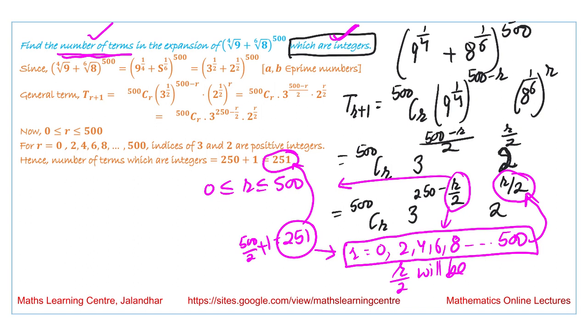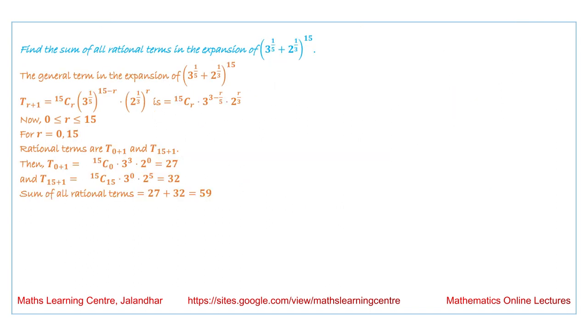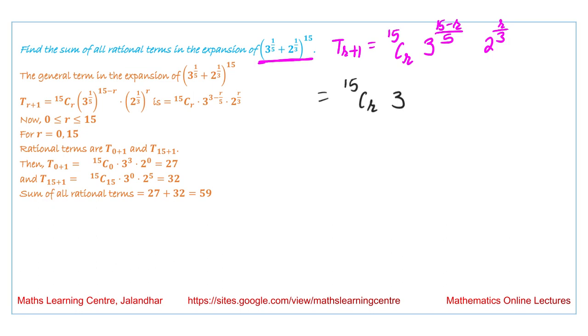Next: find the sum of all rational terms in the expansion of this value. In this case we write the general term T(r+1) equal to 15Cr, 3 raised to the power (15-r)/5 and 2 raised to the power r/3, and this is equal to 15Cr, 3 raised to the power (3 - r/5) and 2 raised to the power r/3.